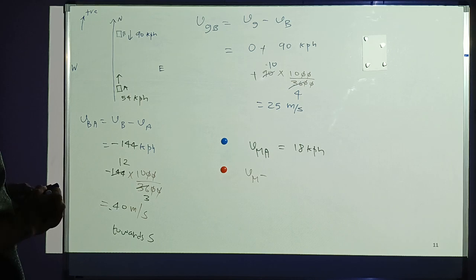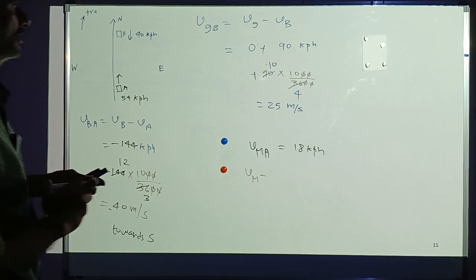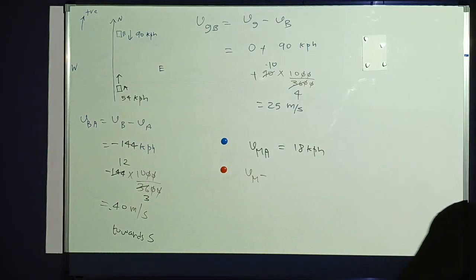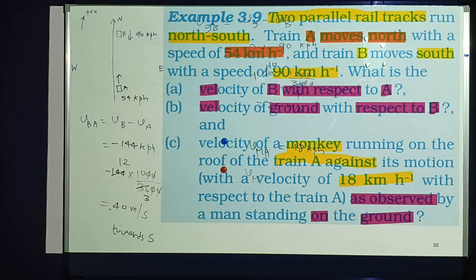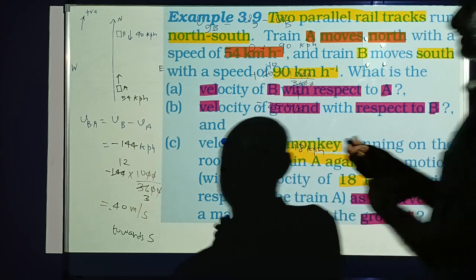Third one, velocity of monkey with respect to train is 18 kilometers per hour. In which direction? Against the train's direction. So the monkey is moving downwards. That's negative.